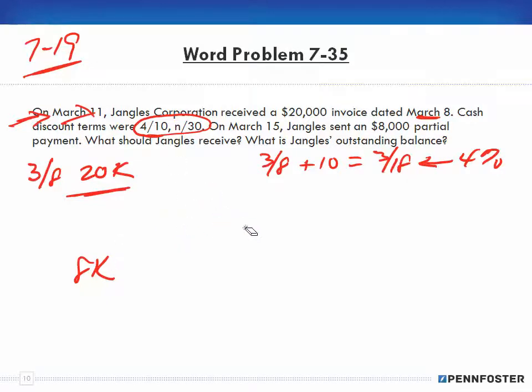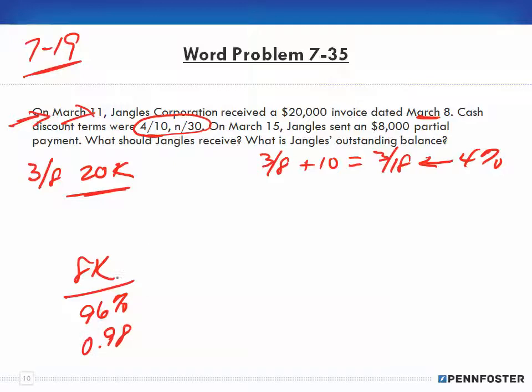The amount credited needs to be greater than the 8,000 because they're falling within the discount period. So in order to get that, since it's 4%, we take 100% minus the 4% and divide by the 96%, or 0.96.